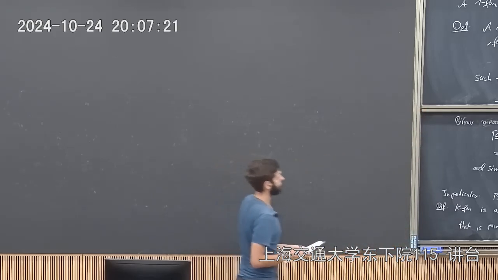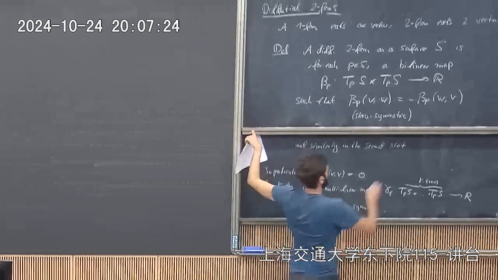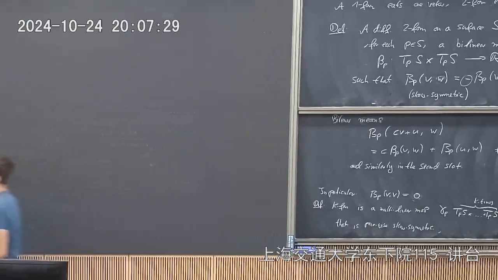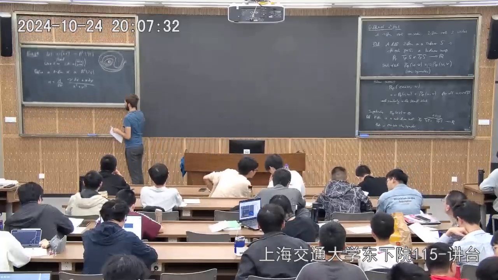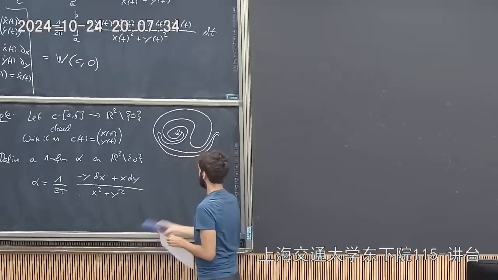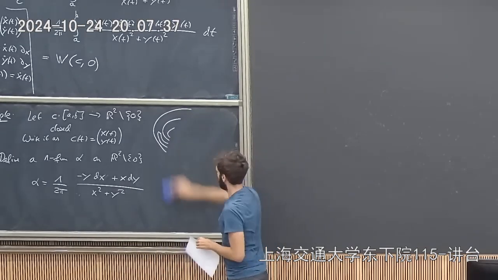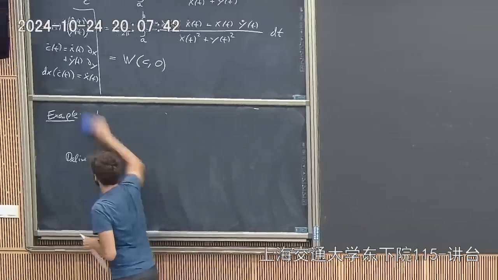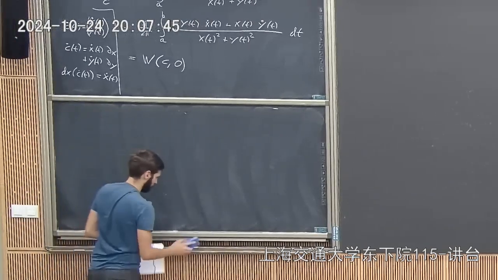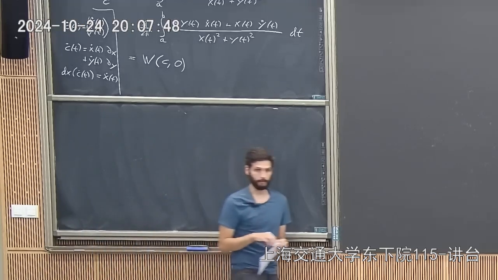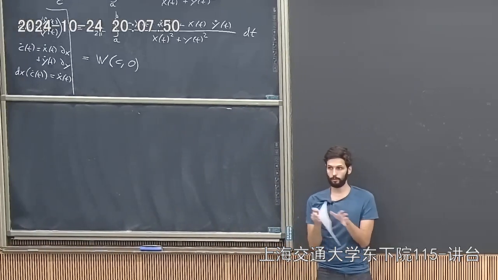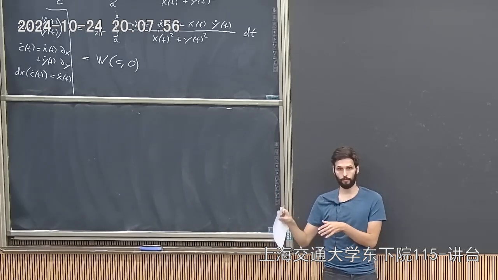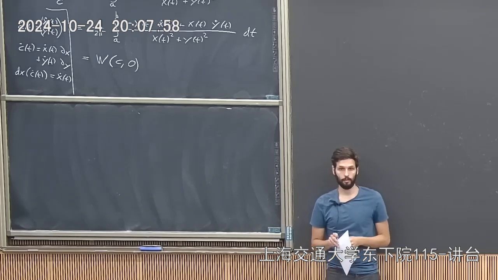And to maybe motivate a little bit why we want a minus sign there, recall that if you have an integration over a 2-dimensional object, so a double integral, then you might have seen that if you change coordinates in a double integral, that gives you the determinant of the Jacobian matrix, like in your analysis course.